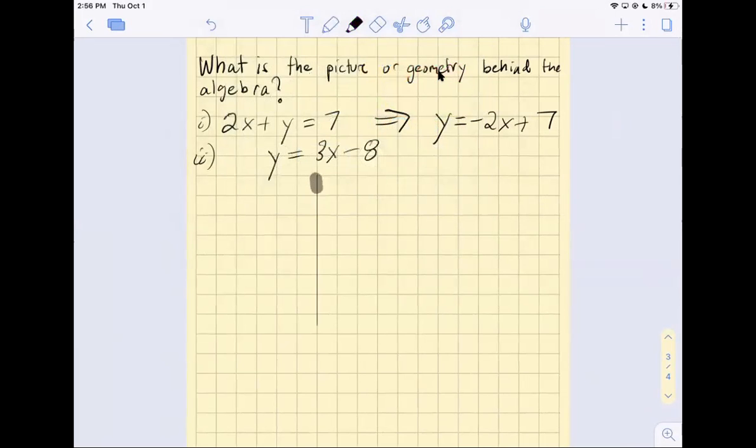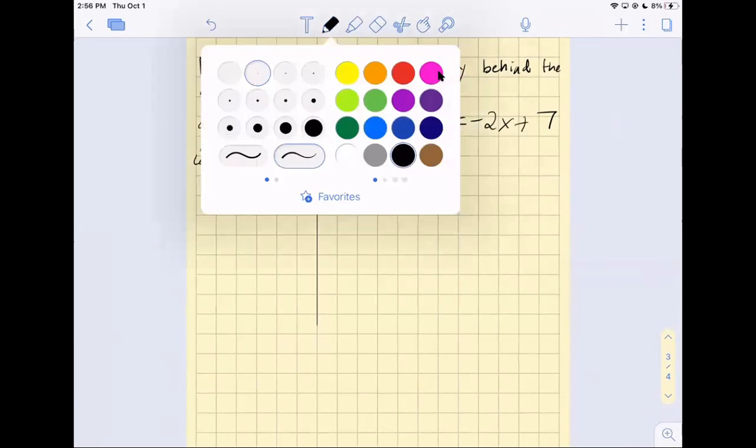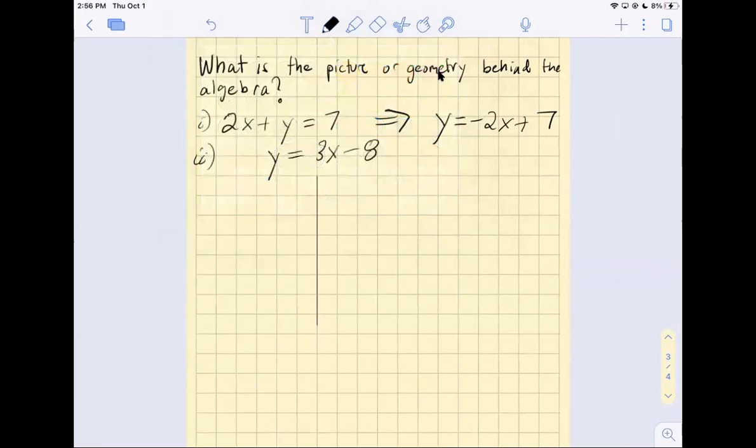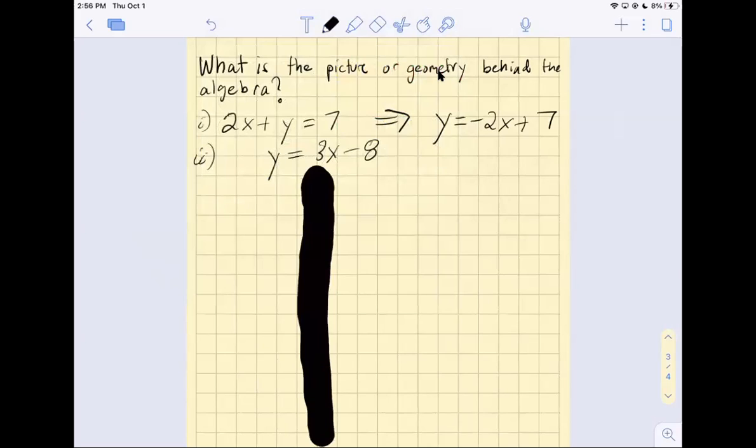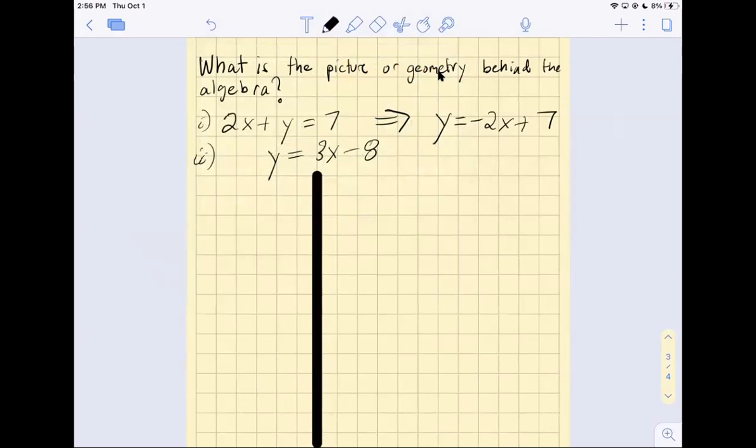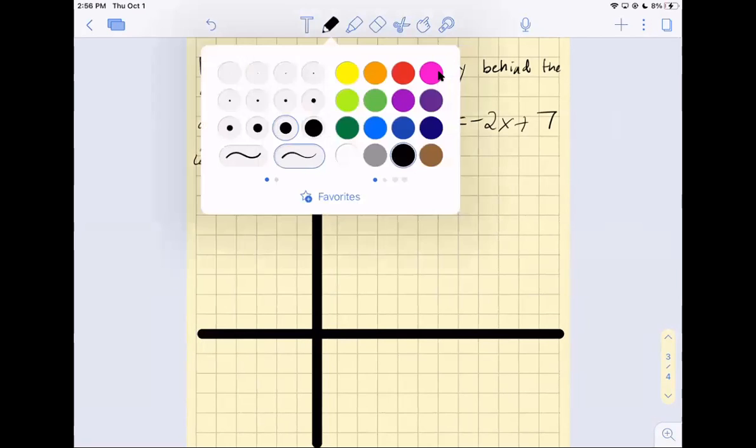Let me see if I can do that. Oh, it doesn't do that feature. Okay, so this is our axis. It's a little bit intense. Let's go back to this one.